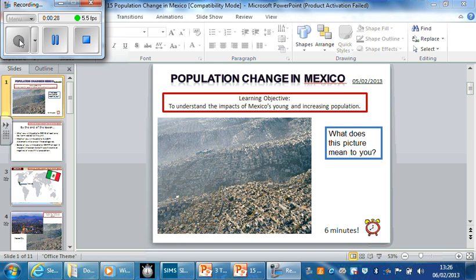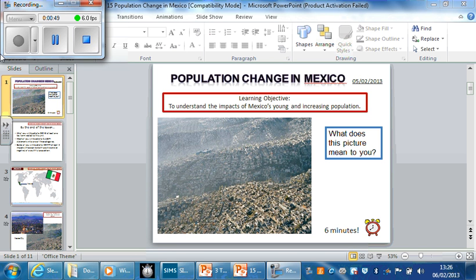So, to start off looking at the picture, we notice that we can see all the way across these hills on the outskirts of Mexico City, which is one of the largest cities in the world. We can see people's houses spread out across those hills. Now, the reason those houses are there is because of overpopulation, right?